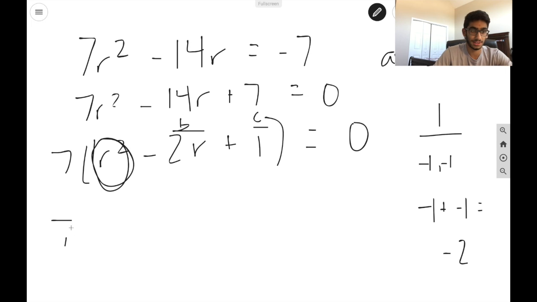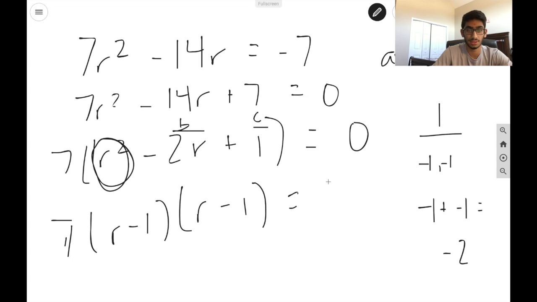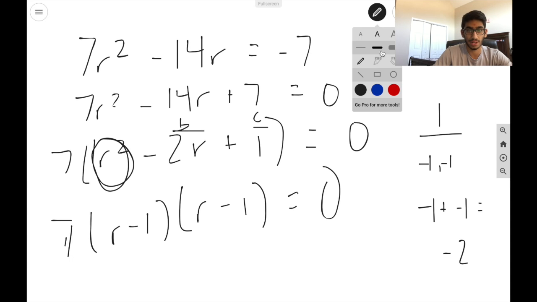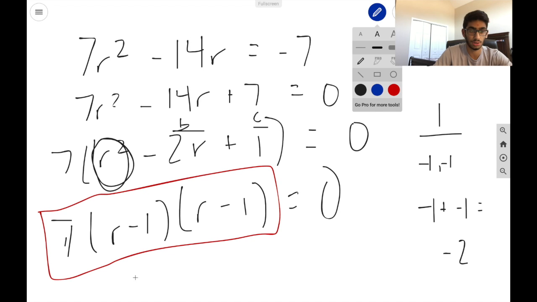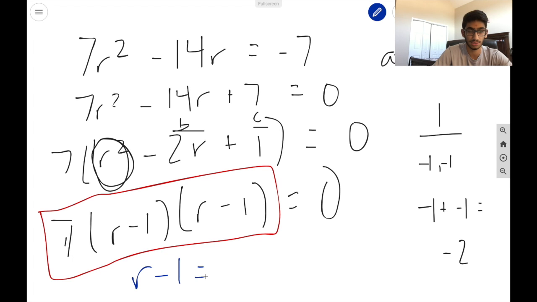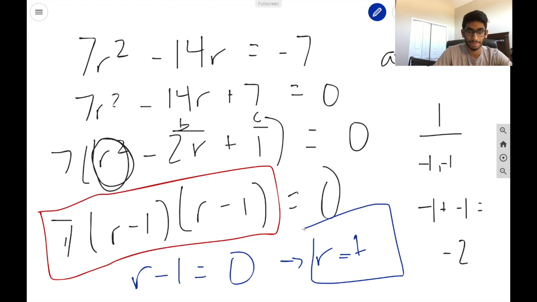So we would do 7 times the parenthesis r minus 1 times the parenthesis r minus 1, and that equals 0. This right here is our factored form. Then if it says to solve, all you have to do is do r minus 1 equals 0. Since there are 2 of them, we just have to do it once because the answer is going to be the same. All you do is flip the sign, so r equals 1. That's your answer here.